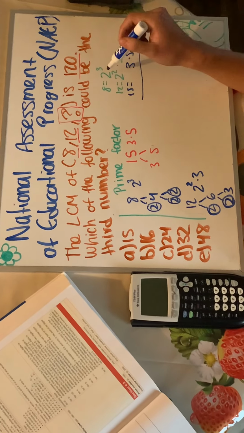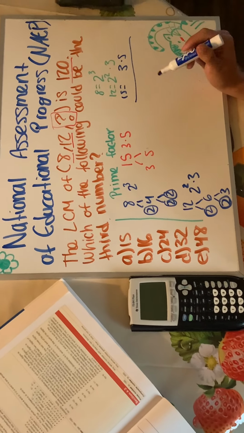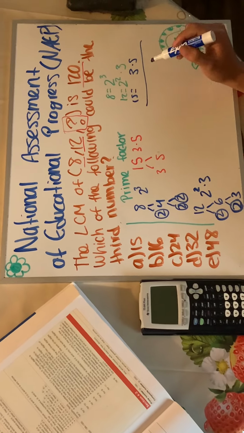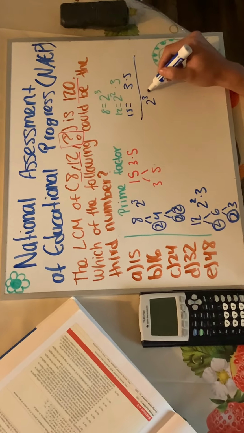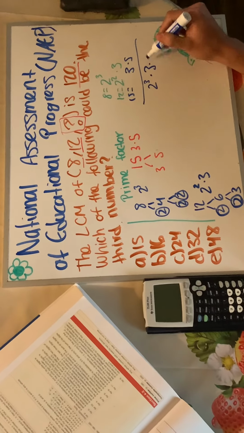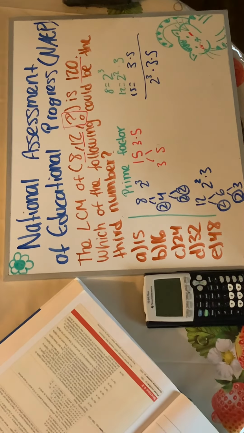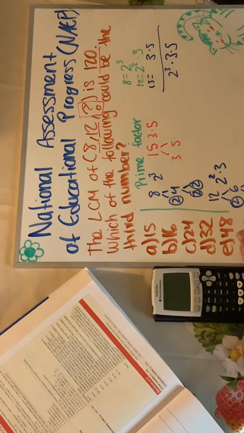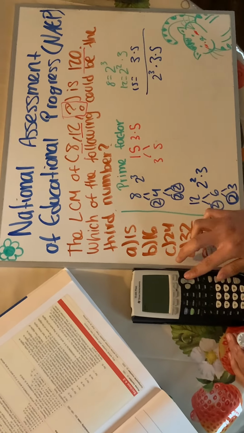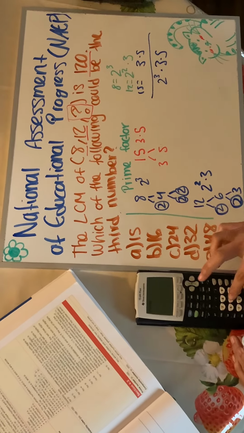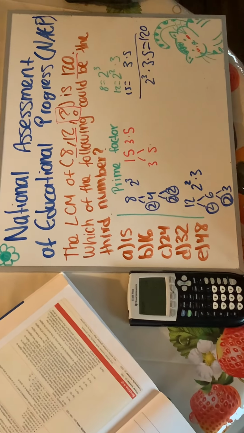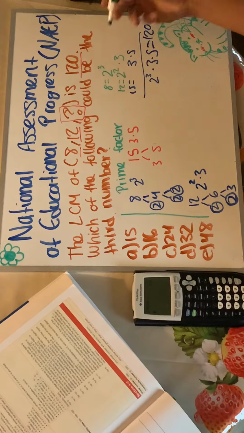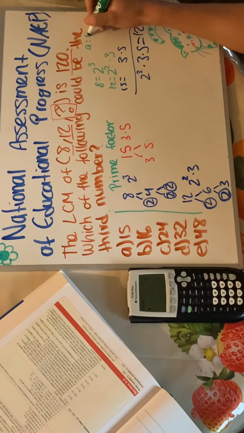So 2 cubed versus 2 to the second, which one's bigger? 2 cubed times 3 times 5. Let's plug that into the calculator. So this is 120. So A is 120.